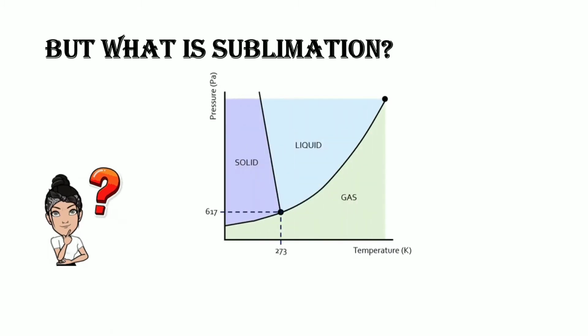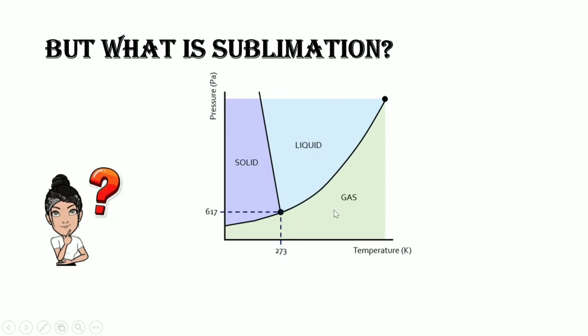But what is sublimation? You might have come across this word sublimation in your 11th and 12th science. Before we study it, you might have seen this particular graph. In this graph, you can see the pressure and the temperature, and at this particular pressure and temperature, what will be the state of the material? It will be either solid, liquid or gas.